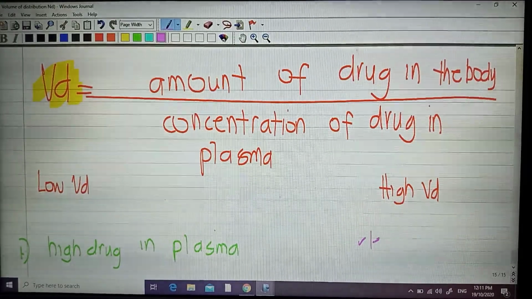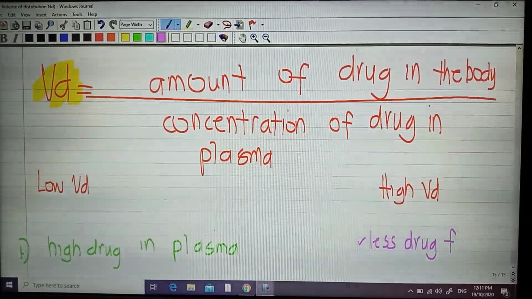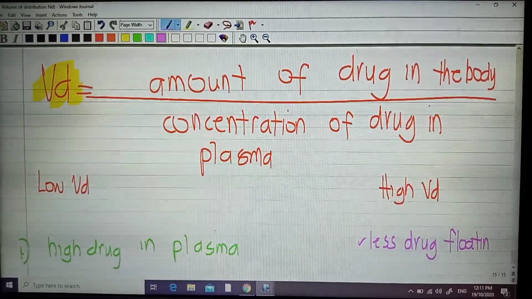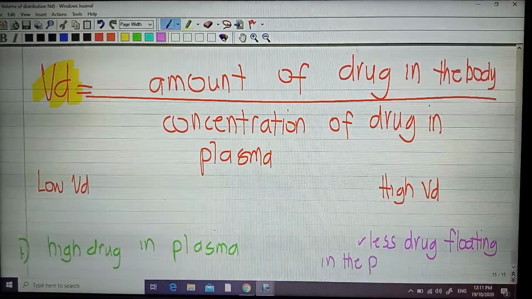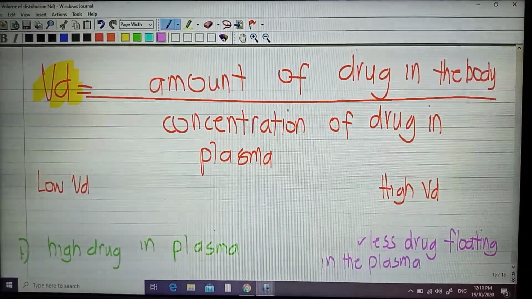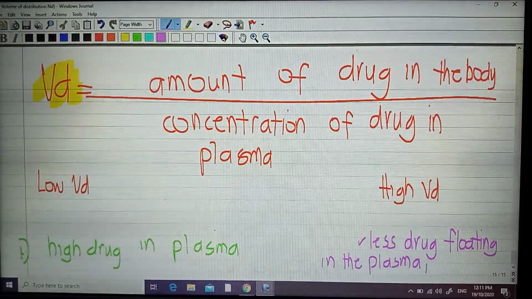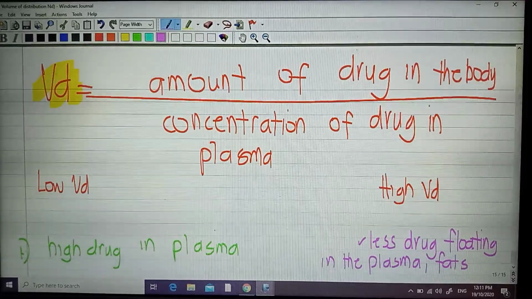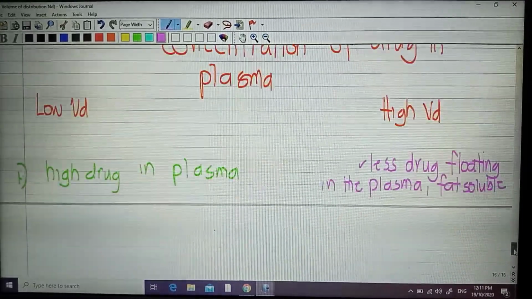There's less drug, less drug that is of course floating in the plasma or the water. Maybe the drug is fat soluble, meaning they stick into the fat tissue.